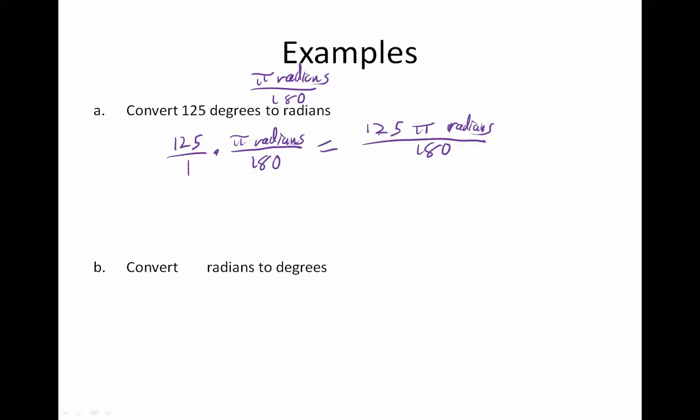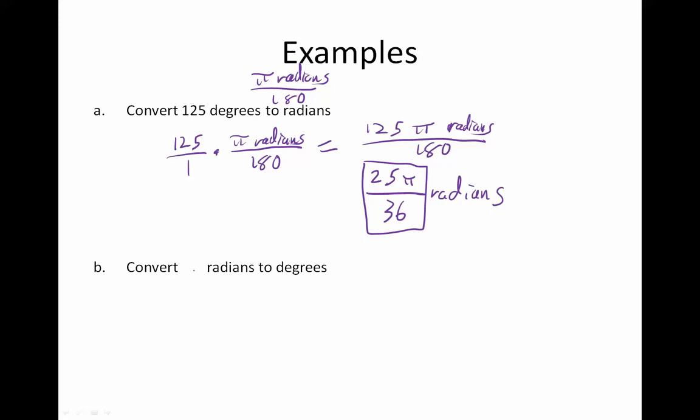In our heads, 100 divided by 5 is 20, and this is an additional 5 fives, so that's going to be 25 pi over, and then 180 divided by 5, well, 200 divided by 5 is 40, but this is going to be less 4 of those, so that's going to be 36. And 25 and 36 don't share a common factor, so that would be our final answer, 25 pi over 36 radians. So you multiply by pi over 180, you reduce the fraction.